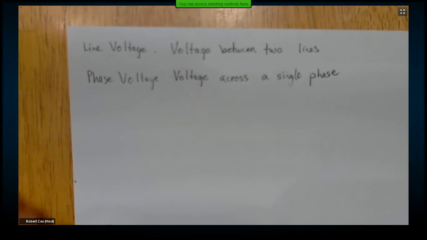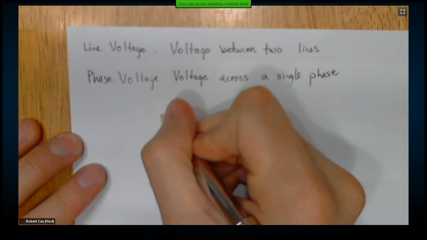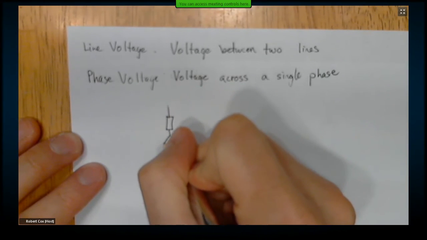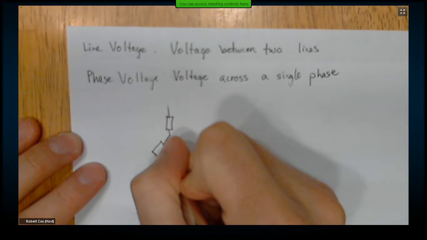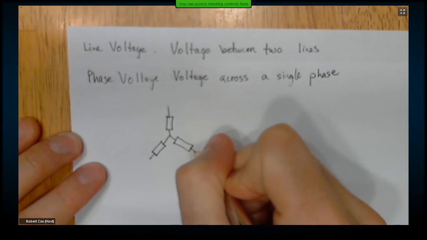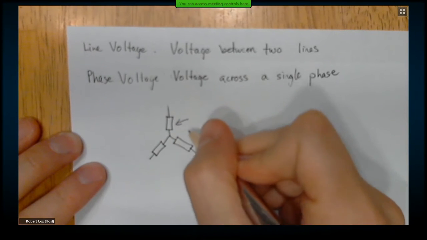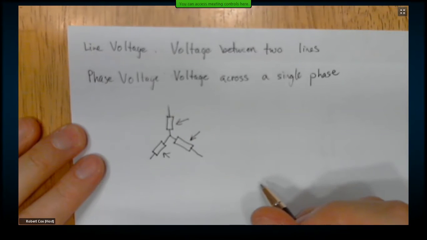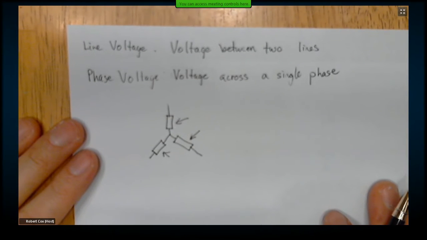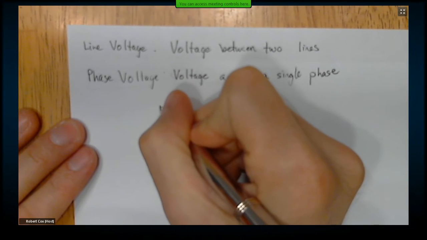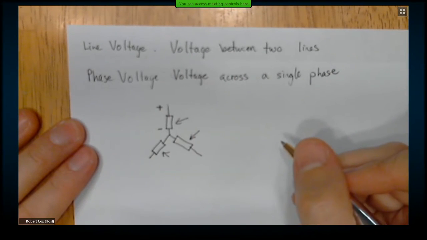Let's look at what that means. If I have a Y connection, each of these is a phase. Each of those is a single phase of a three-phase load. So the phase voltage would be the voltage across that phase.